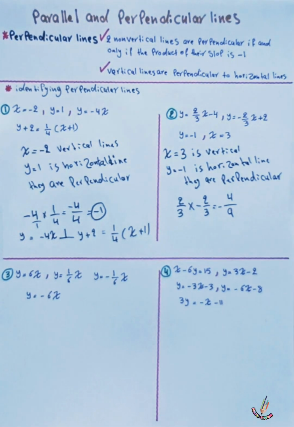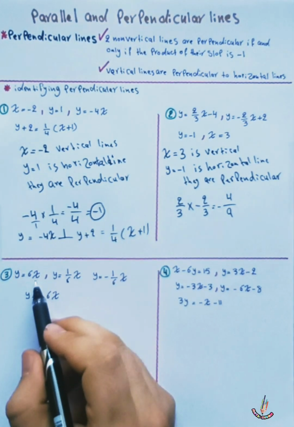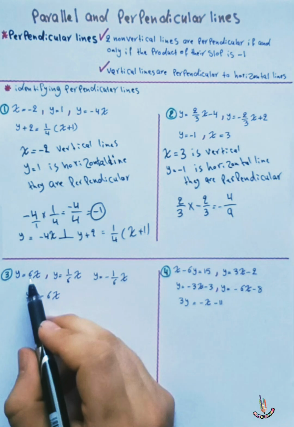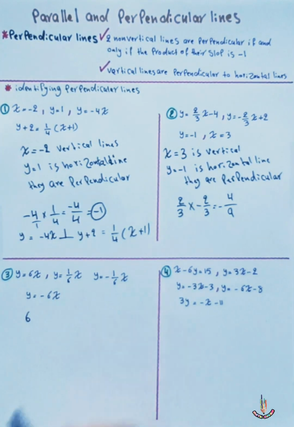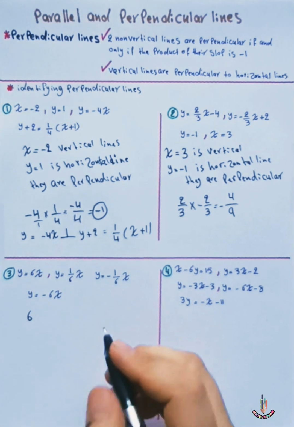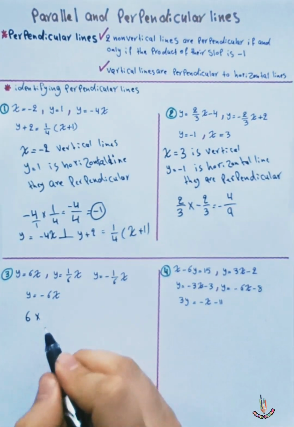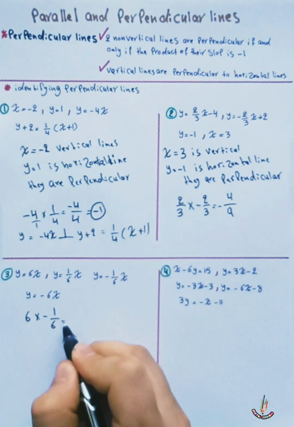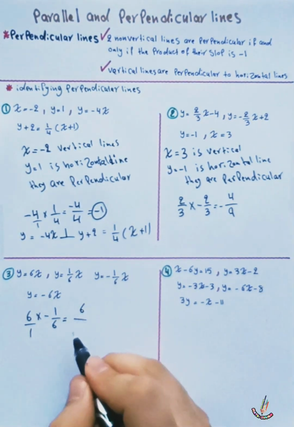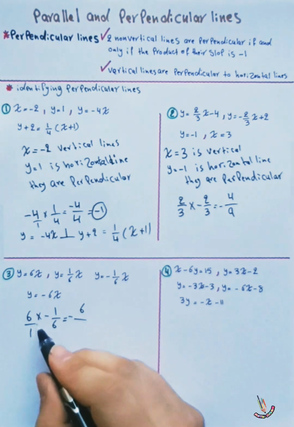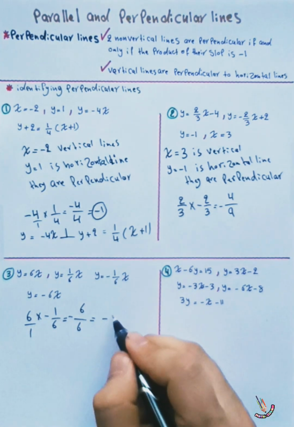After that, example number 3, we have these 4 lines. So y equal to 6x, the slope for this line is 6, and then the slope for this line is -1 out of 6. When we multiply these two numbers, we will get 6 times 1 is 6, negative, and 1 times 6 is 6. 6 divided by 6 is -1.